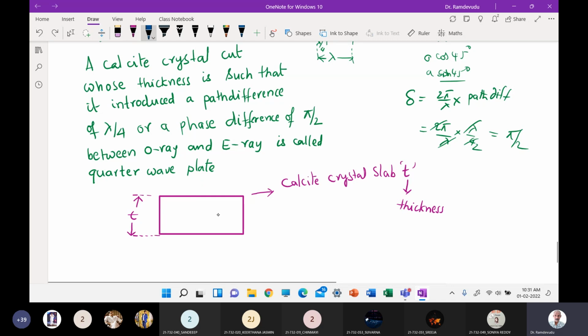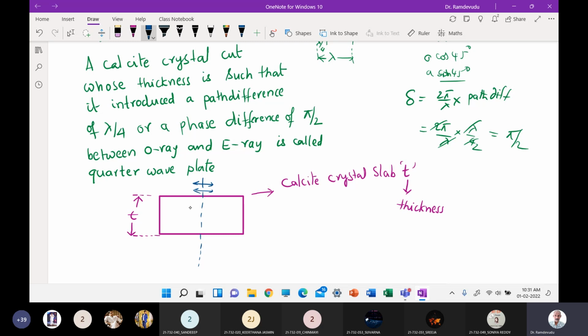I'm drawing normally, it is falling on it. And of course, I say this is normal incidence along the normal direction. Now, the light ray incident is plane polarized. This is the plane polarized light, suppose.